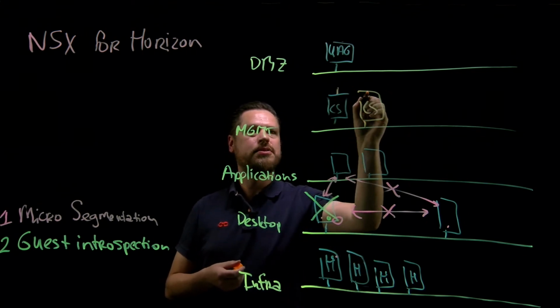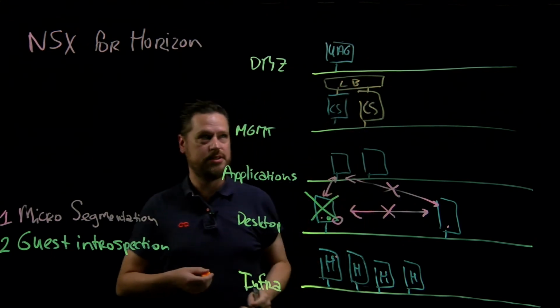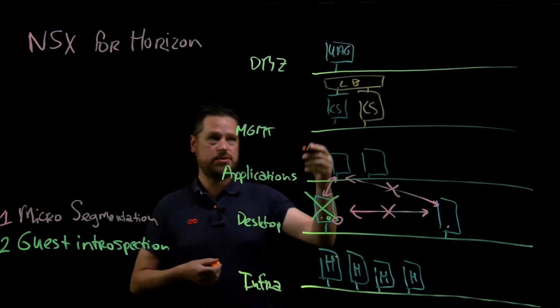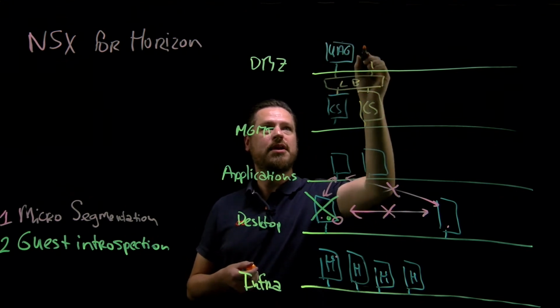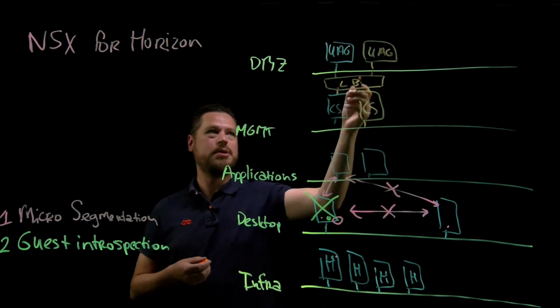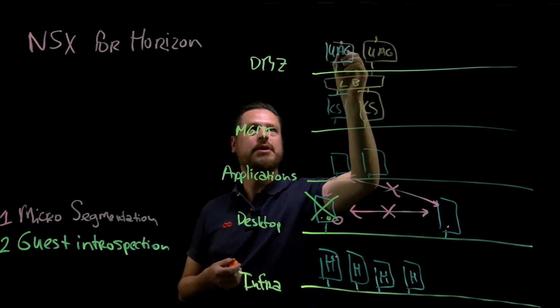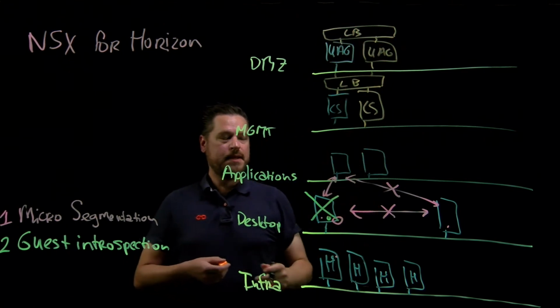We have the option to use NSX load balancing to load balance the connections between those connection servers, and we can also put it into the UAGs if we have the same requirement over there, and we can put the load balancing service there.